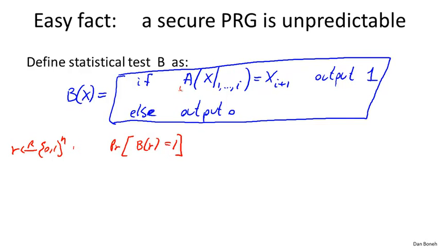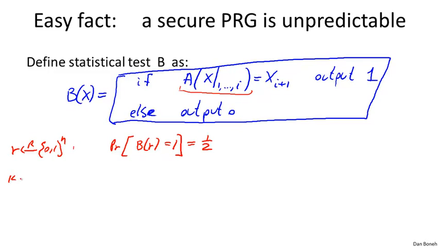So whatever algorithm A outputs is completely independent of the i plus first bit of the string R. And so whatever A outputs, the probability that it's equal to the random independent bit x_{i+1} is exactly 1/2. In other words, algorithm A simply has no information about what the bit x_{i+1} is, and so necessarily the probability that it's able to predict x_{i+1} is exactly 1/2.